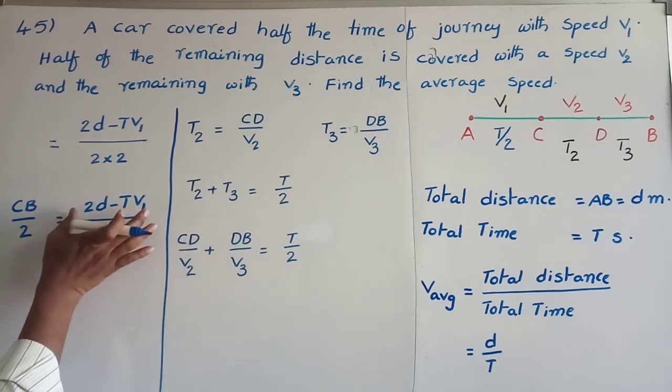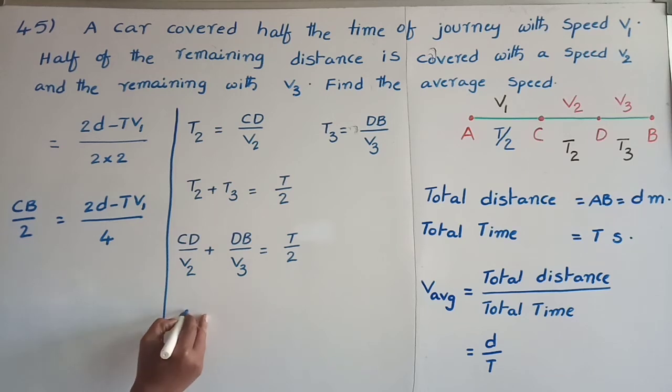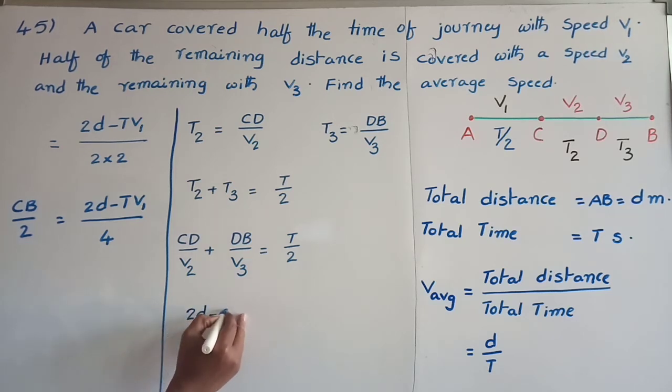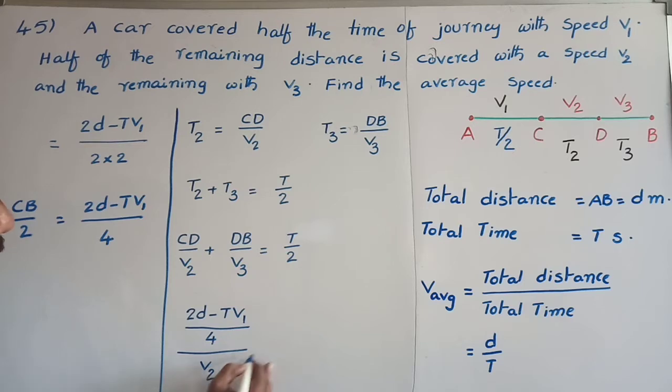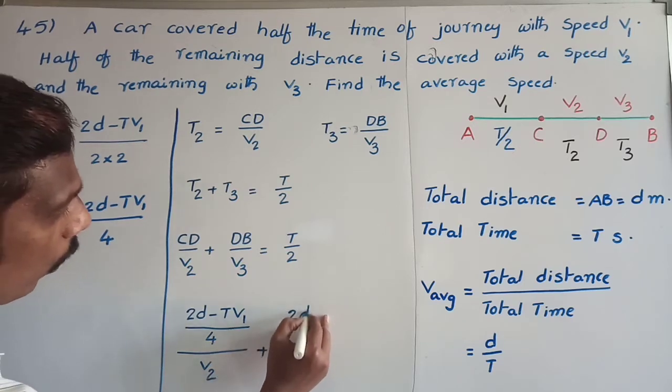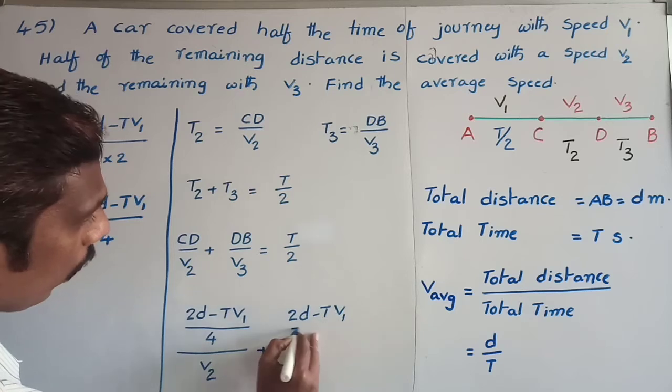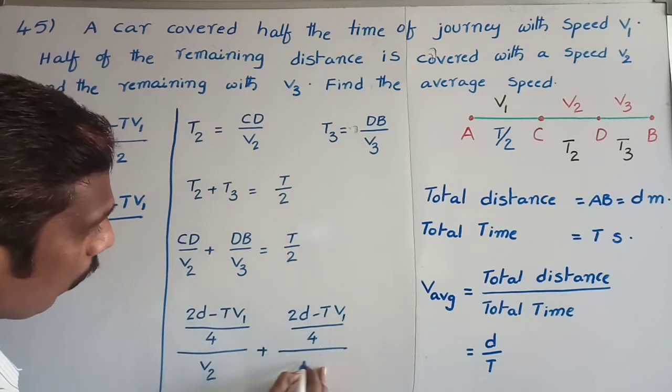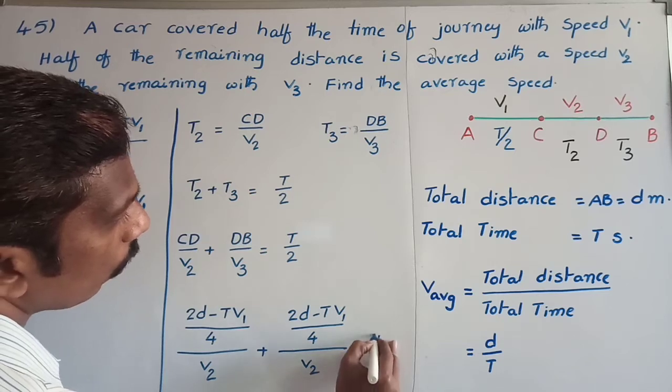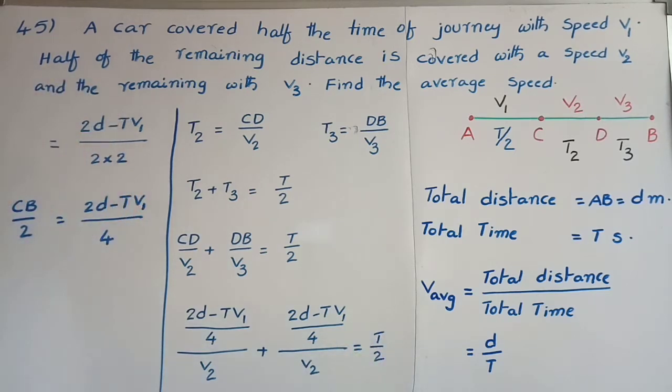So the CD value or DB value is the same, which is (2D minus TV1) by 4, divided by V2, plus (2D minus TV1) by 4, divided by V3, which is equal to T by 2. After simplifying this, we can get D by T, which is the average speed. So now we simplify this equation.